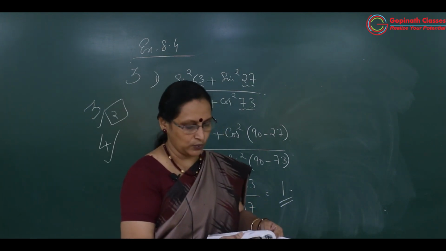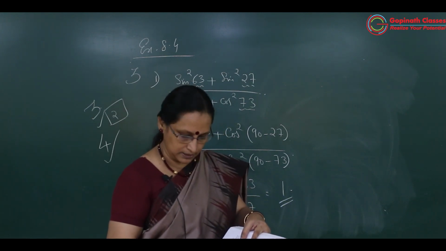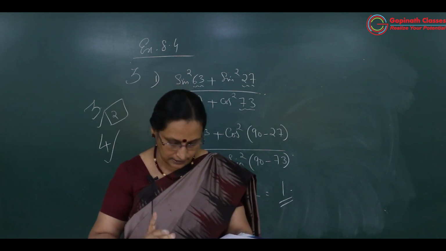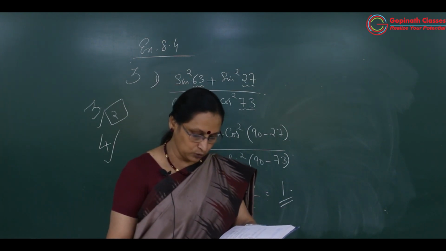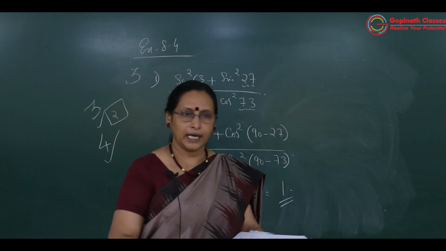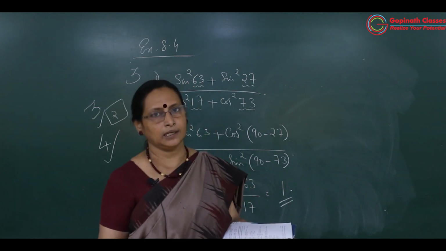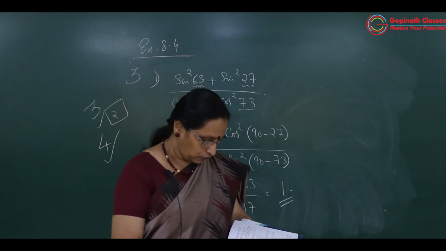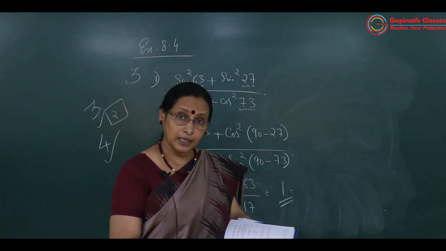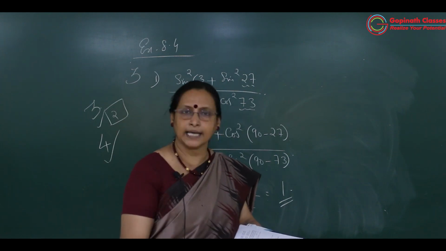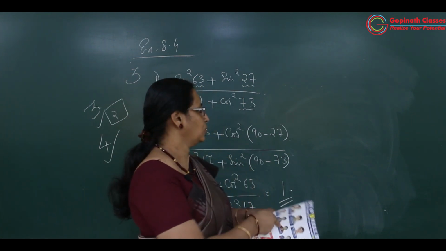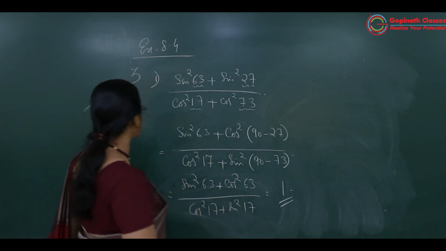Now, fifth main question is proving the certain identities. Use karke hame prove the following identities with the help of the standard identities or any other logical tricks. Few questions are given in textbook. There are many questions to be done. Obviously, examples have to be done. So, let's go to the main question number 5.